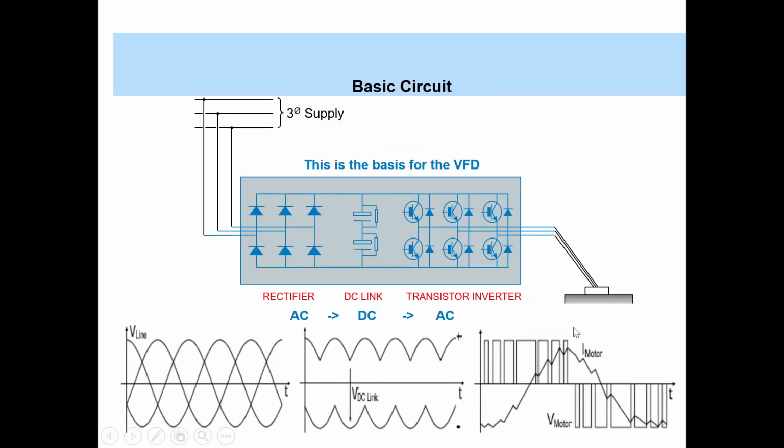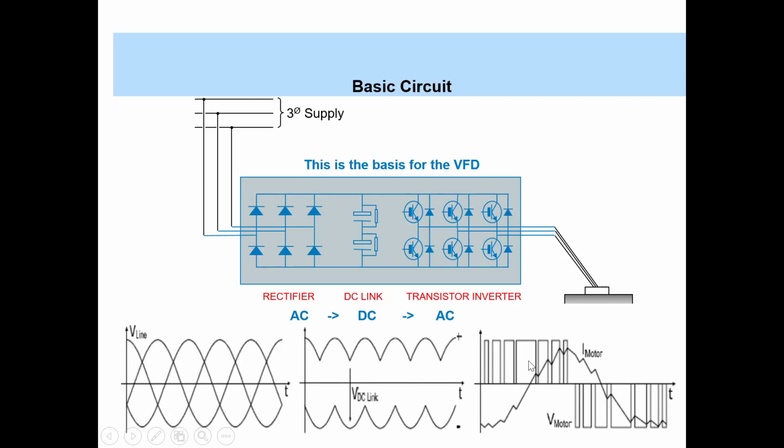We go back. The motor is an inductive load, right? So if you look at the current waveform here, when this pulse comes, the current gradually rises, and when we have a zero pulse, the current gradually starts decreasing, and again a pulse comes, so the current waveform starts rising again, and then it reduces here.